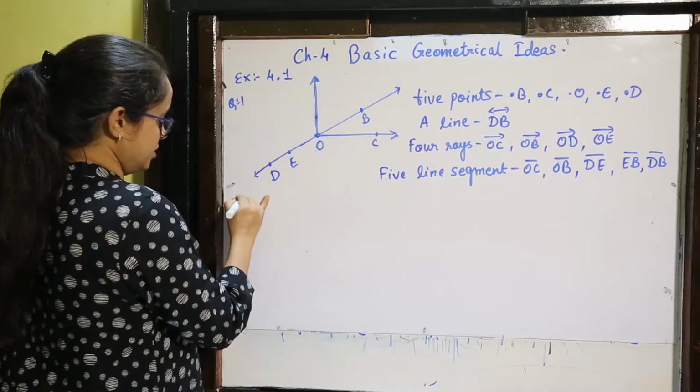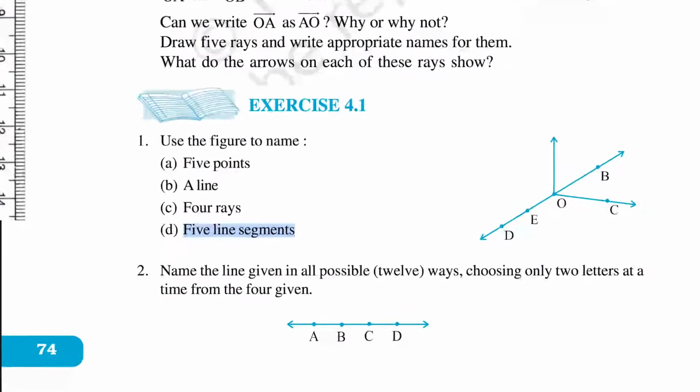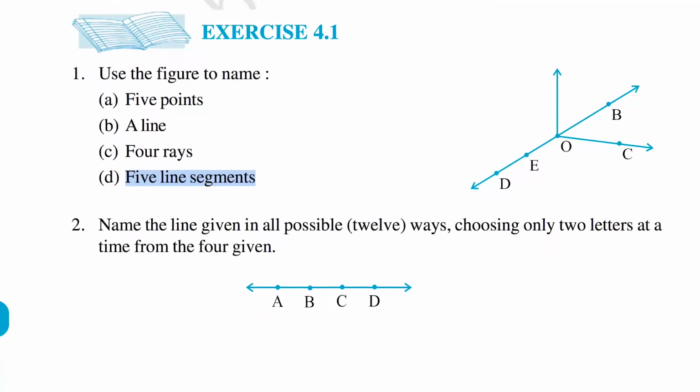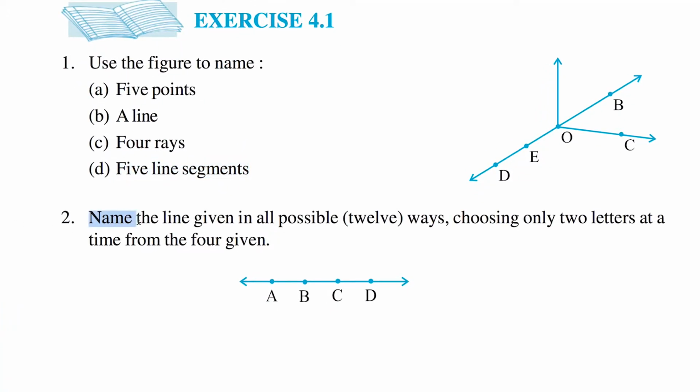Now, question number 2. Question number 2 is, name the line segment given in all possible 12 ways, choosing only 2 letters at a time for the 4 points given. Okay.